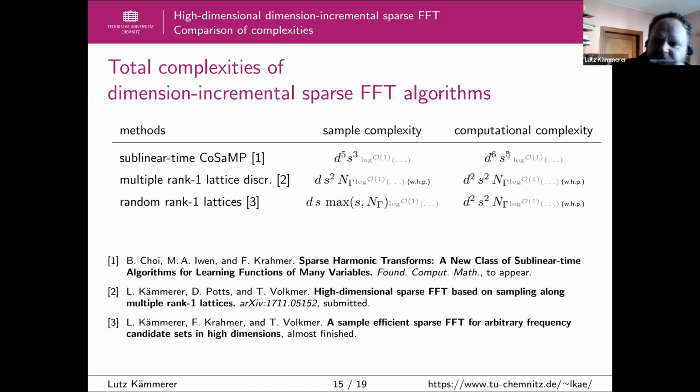Even this S to the 4 is a problem if you have, let's say, S equals 1,000, 10,000, and you would like to apply this several times, right? And okay, with the multiple rank-1 lattice discretization, we have a nicer sample complexity, a nicer computational complexity than this, and we even could decrease the sample complexity of this algorithm to this term.